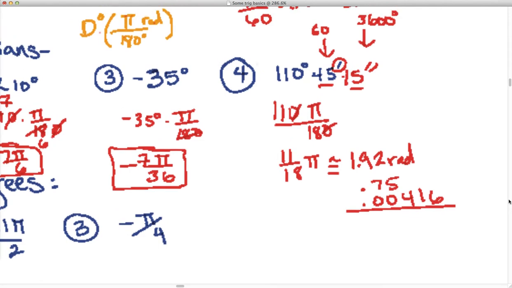So if we were to add that plus the 1.92 plus the 0.75, you would get 2.67 radians, or 2.67 is good enough.